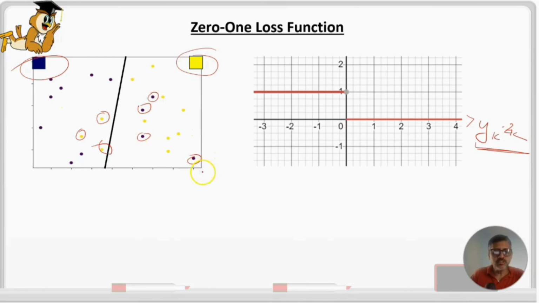So the value of the loss function here would be 7. For each individual point, if yk multiplied by zk is negative, the 0-1 loss function returns a 1. So just count the total number of mistakes you made. This is the proposition.